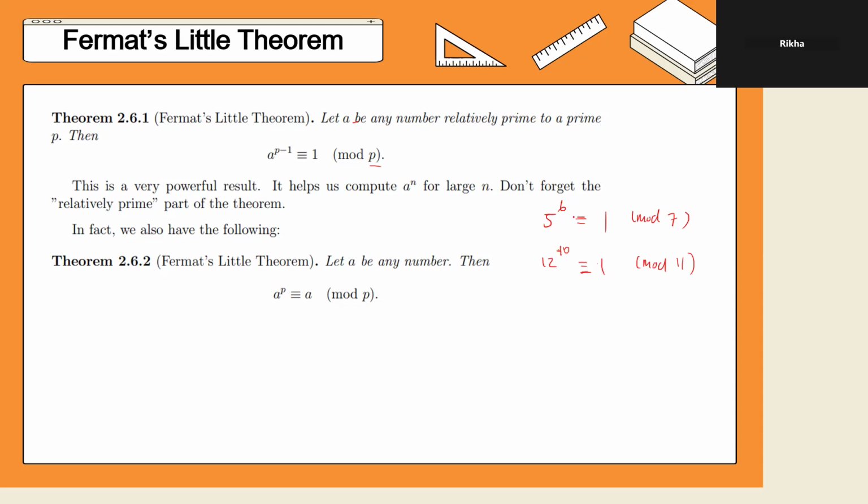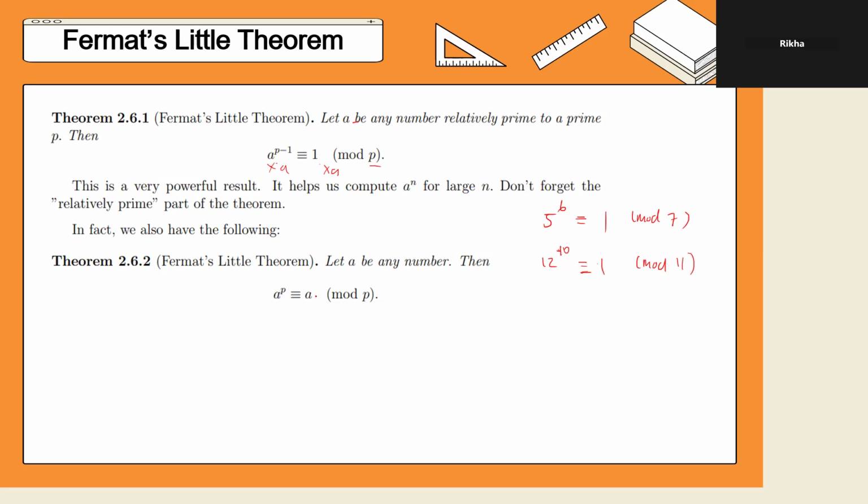You can use this theorem later to your own advantage, to modify congruences, to find the remainder of a division. Also, if we multiply both sides by A, on the left side we have A to the power of P minus 1 times A, so we have A to the power of P instead.